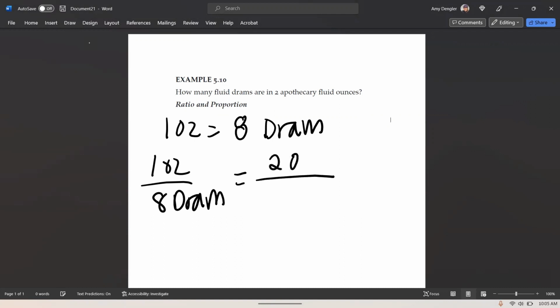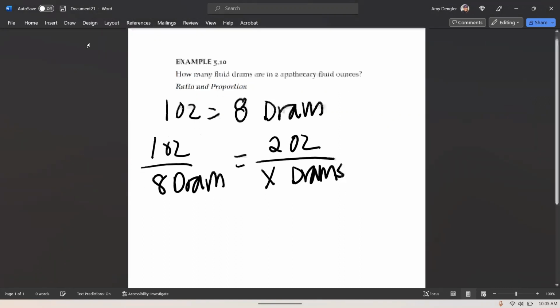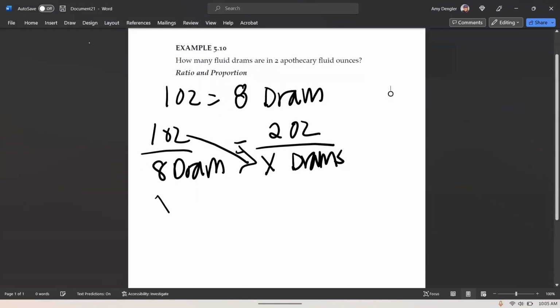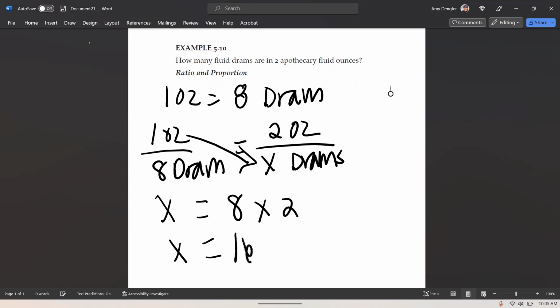And we have 2 ounces. How many drams is that? So this 1 times x just becomes x. So 1x is just x. And then 8 times 2. So x is equal to 8 times 2, which is 16. So that's 16 fluid drams.